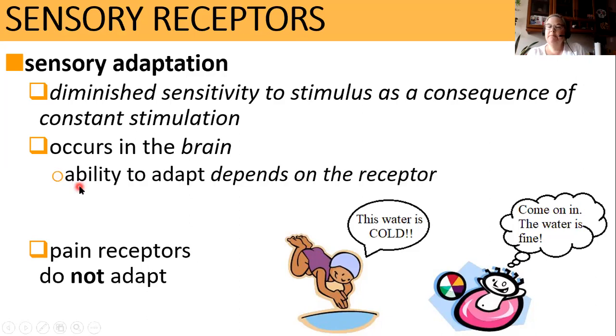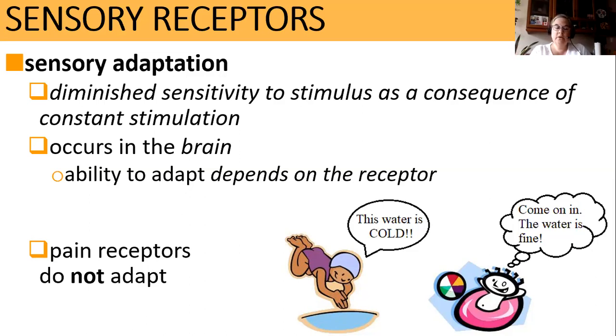The ability to adapt depends on the receptor. Pain receptors don't adapt, and that's really important to us. We can stop feeling pain, it could be because endorphins have kicked in, but the receptors don't adapt. If you've rolled your ankle playing a sport, you don't just sit for a while and your body says, okay, not new information anymore, go out and play some more soccer.